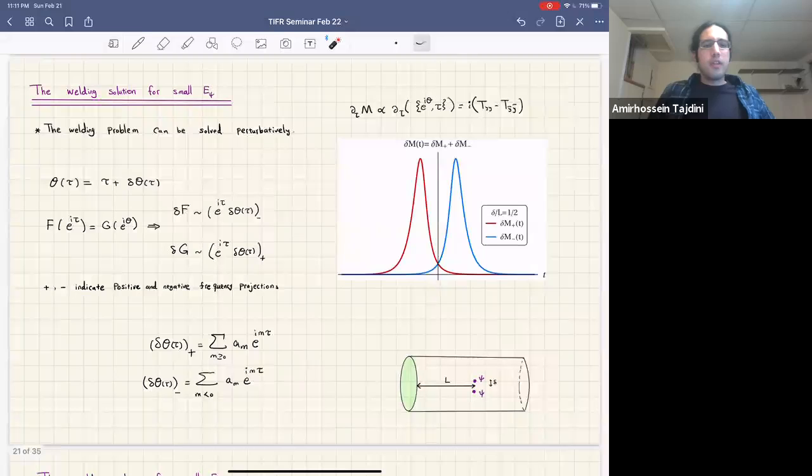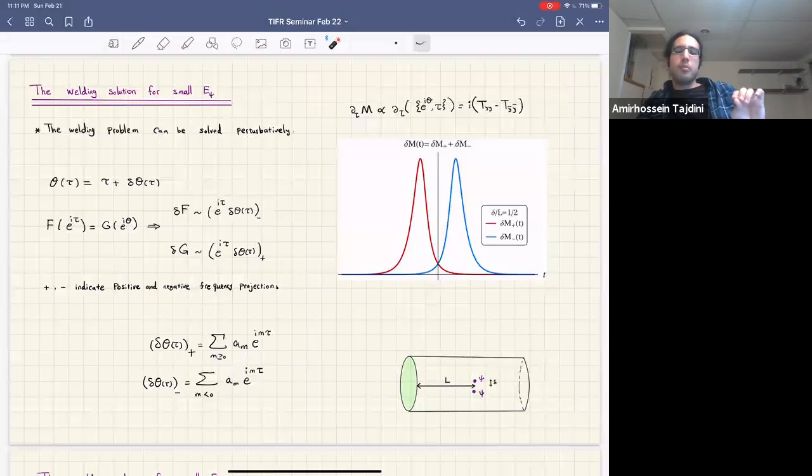Okay, so without going into too much detail, I just want to say that this welding problem is in general a hard problem because of all of these non-local connections between F and G and theta of tau. It's on the same level of difficulty as Riemann uniformization theorems, where you want to map some random shape to the unit disk. But there are cases that it can be solved. One of those cases is when we have a perturbation.